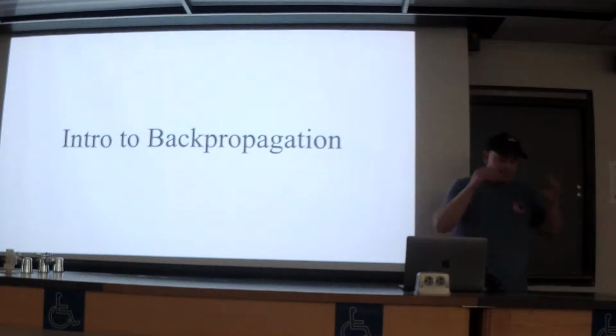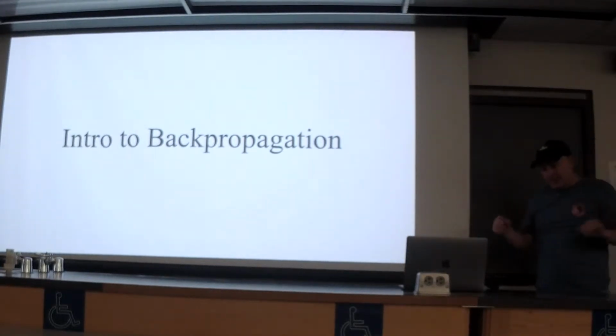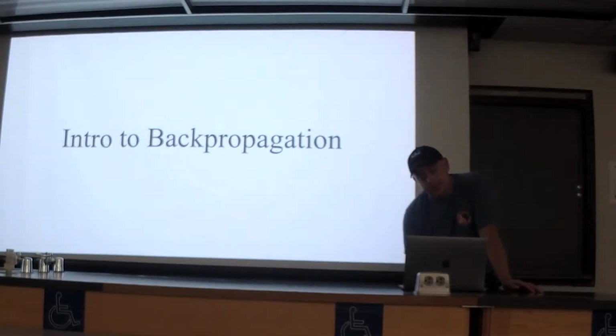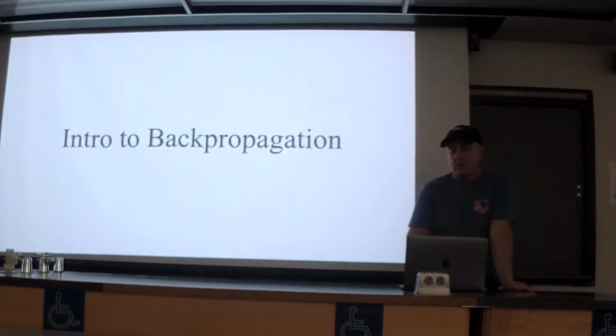Okay, now the algorithm. How does this actually all happen? Well, there's an old algorithm known as backpropagation. That is the key algorithm for computing gradients in neural networks and in gradient descent problems in general.